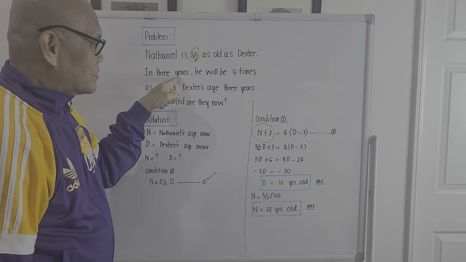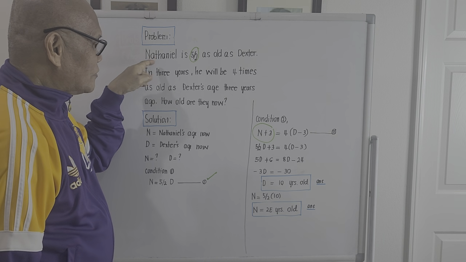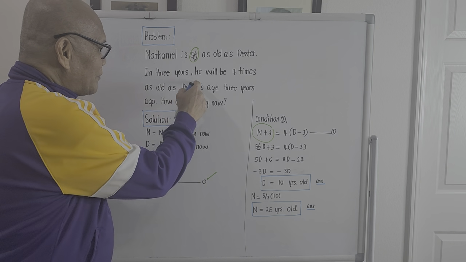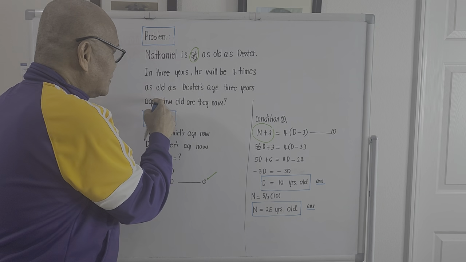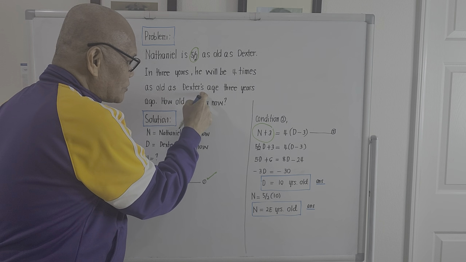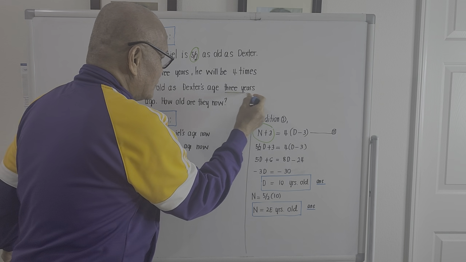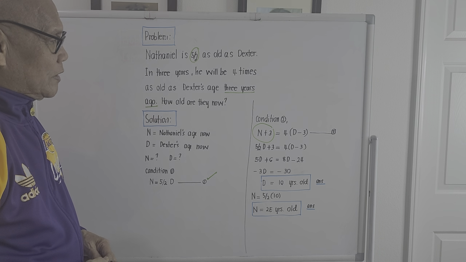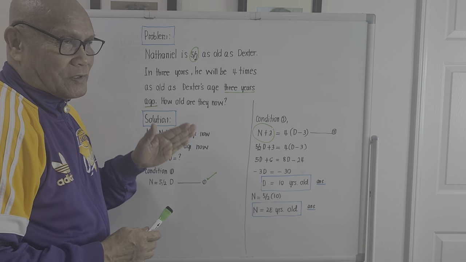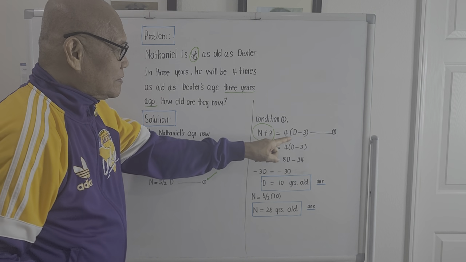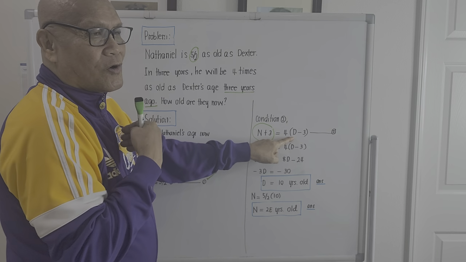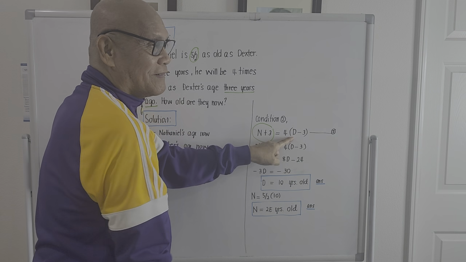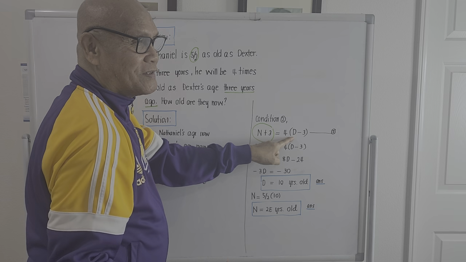This should be equal to 4 times Dexter's age 3 years ago. If the age of Dexter is D, 3 years ago the age of Dexter will be D minus 3. You got it, guys?